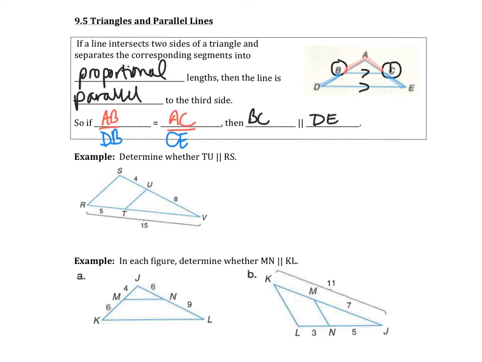Okay, so yesterday we knew that they were parallel and then we had corresponding parts of the sides of the triangle. This time we know we have the corresponding lengths of the triangle.